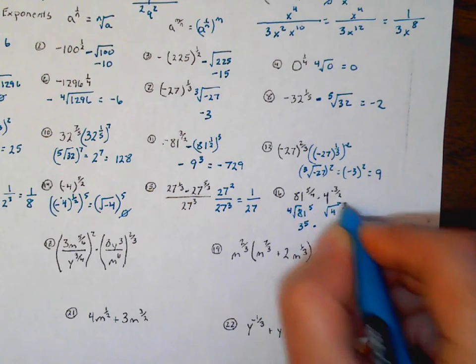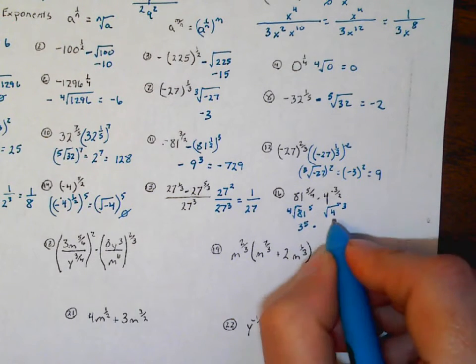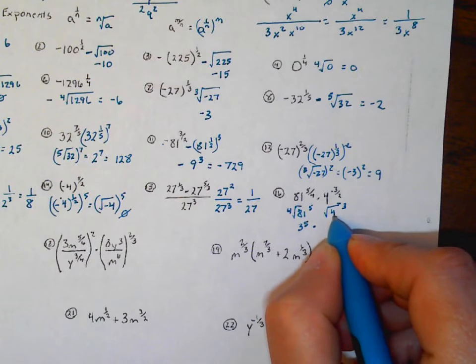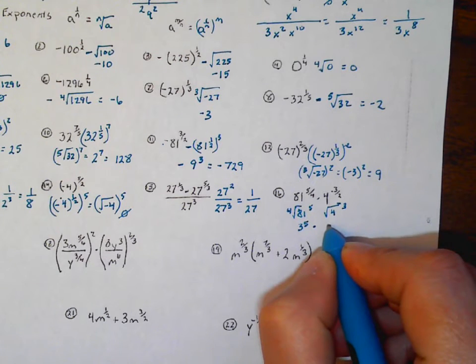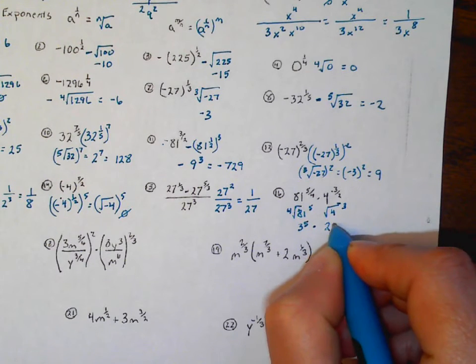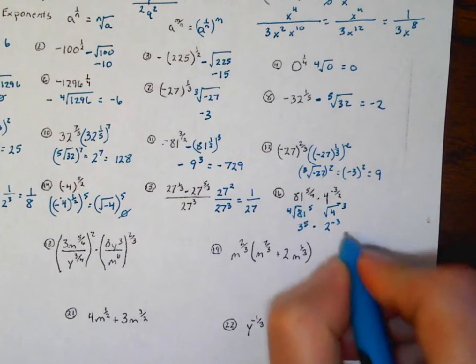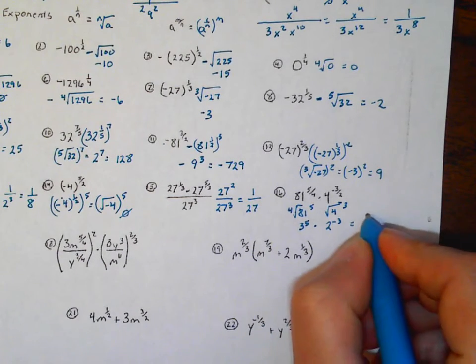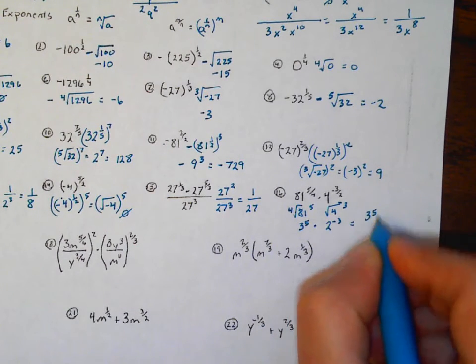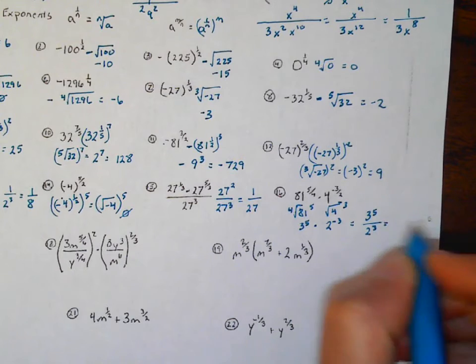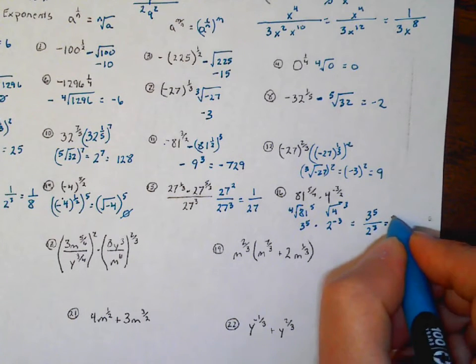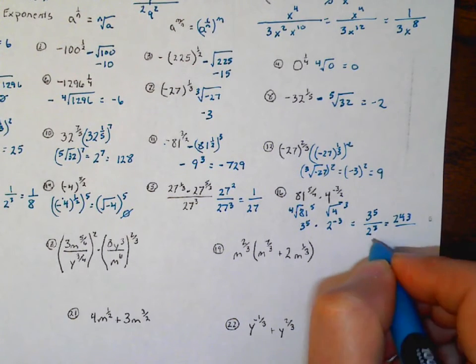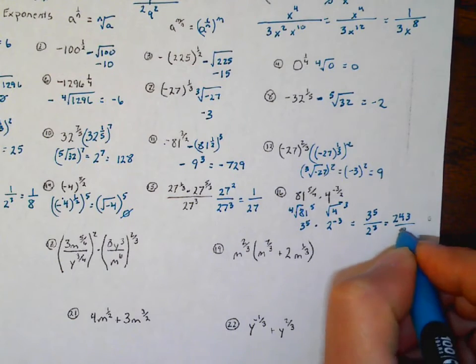Oh, that's negative 3rd, right? So we should move it to the bottom then. But the square root of 4 is 2. 2 to the 3rd power is 8. Okay, so we'd have, well, I'll just put it here, 2 to the negative 3rd. And since that is negative, we'll move that one to the bottom. 3 to the 5th power is 243, and 2 to the 3rd power is 8.